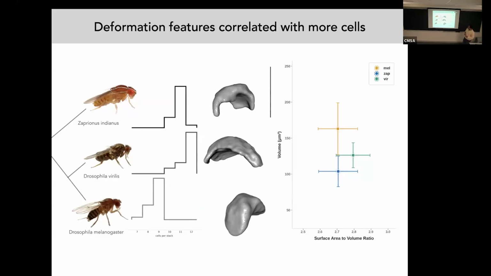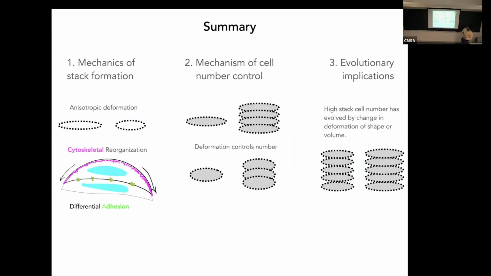Right. So what do we understand about this? For now, we understand that this stacking involves some sort of an anisotropic deformation, which is basically both a change in shape and a change in volume. We also see that the internal arrangement of the cytoskeleton changes once they're stacking.